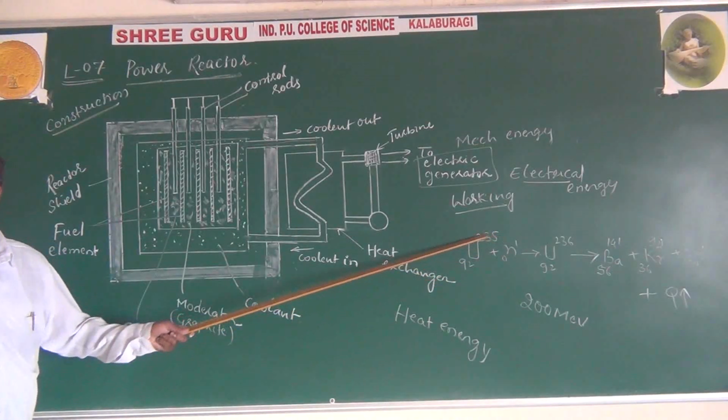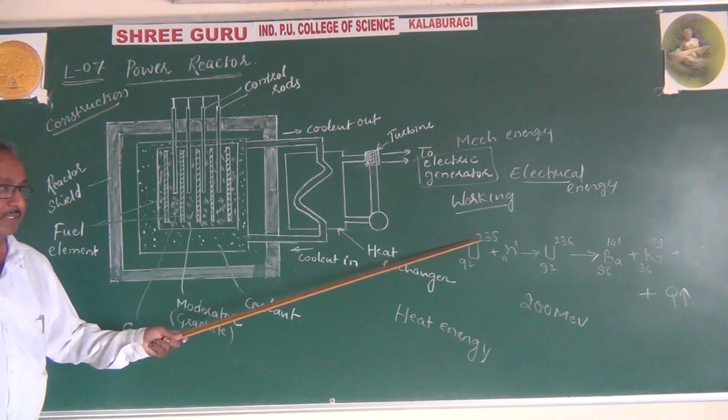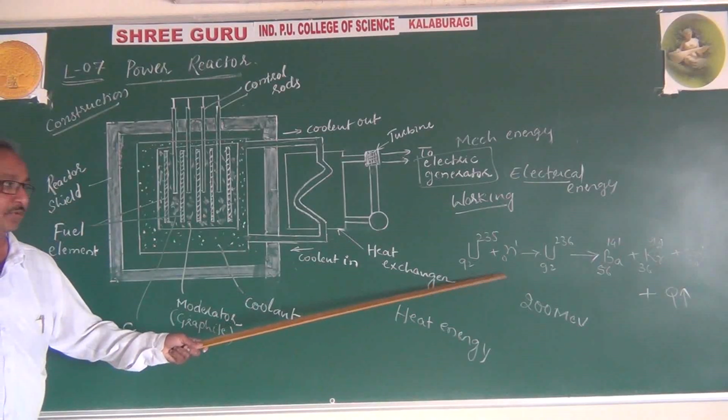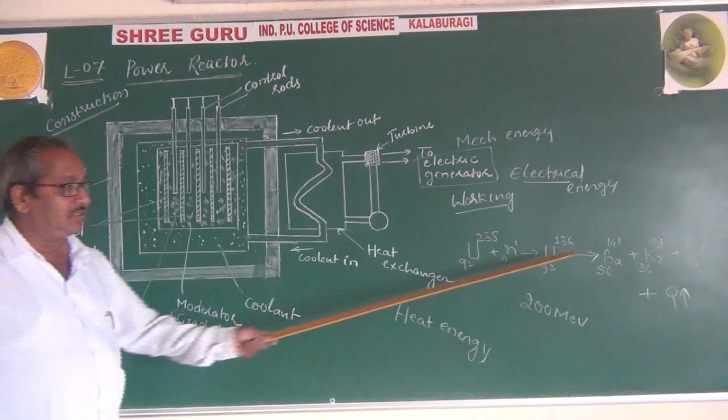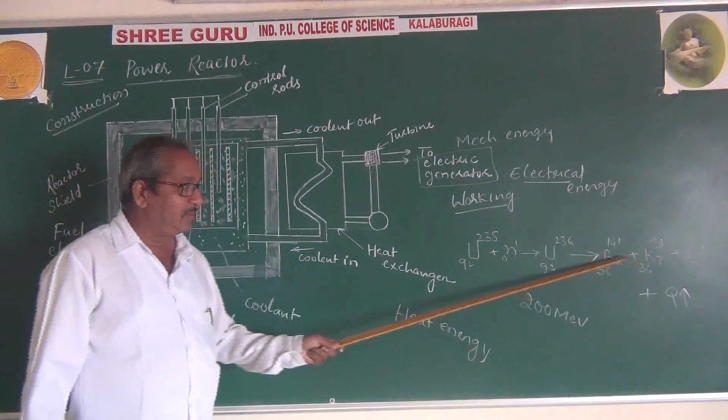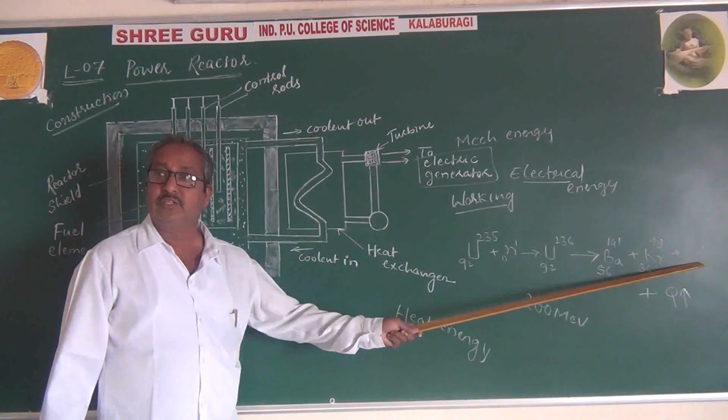But here, if you go for the mass of this, which we will call the mass of reactant, mass of this uranium 235 plus neutron, which we will call the mass of reactant. And here is the mass of the products, sum of the mass of barium, krypton and 3 neutrons.